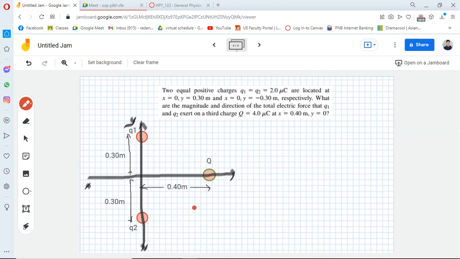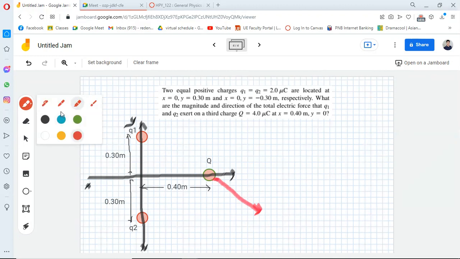Dahil kay Q1, siya ay positive. Si Q2 ay parehong positive. At si Q3 rin naman ay positive, 4 microcoulomb. So, lahat sila ay repulsive. Therefore, this Q will experience a repulsive force oriented into this direction.